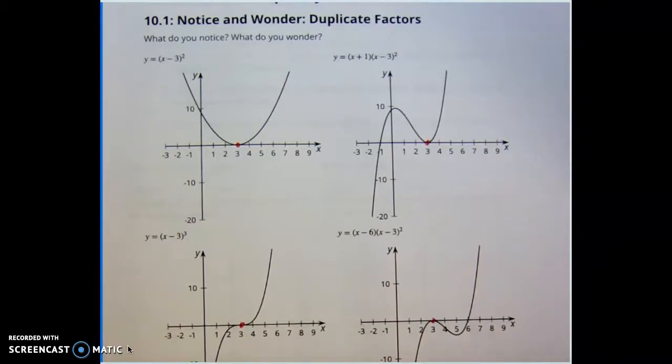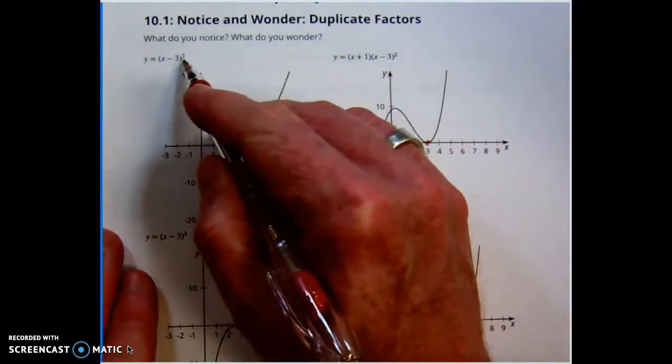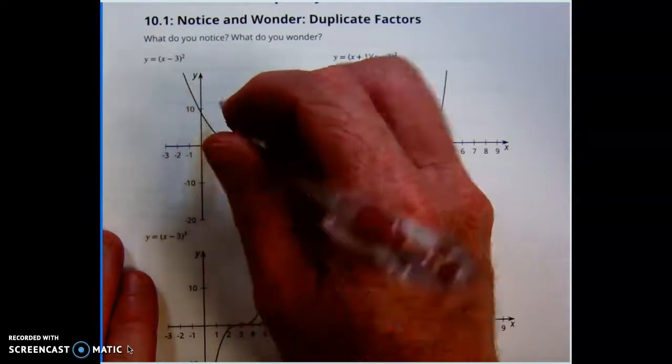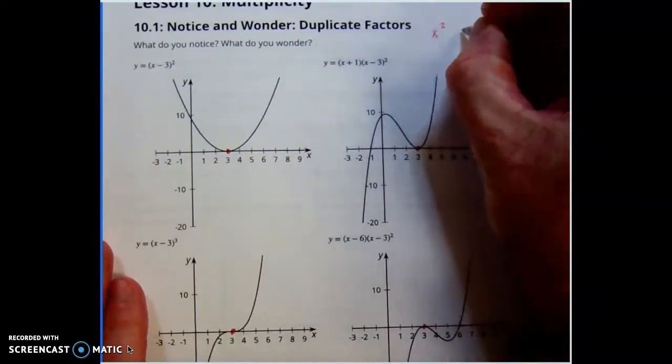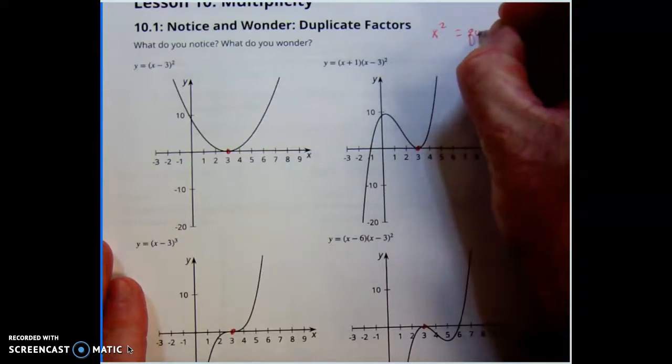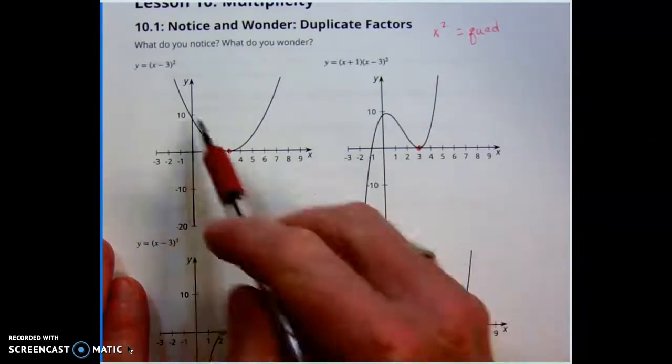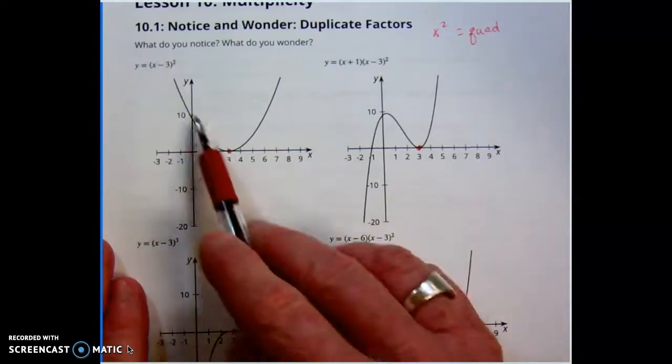Okay, so I want to connect some dots for you. I want you to remember back to graphing quadratics. When you graph quadratics, and that just means an x to the second power, x to the second power is a quadratic. So this first one is a quadratic.